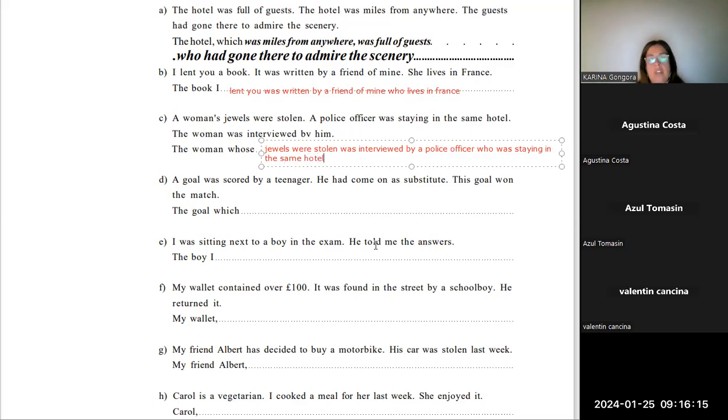Very good. Letter D. A goal was scored by a teenager. Of course, this teenager had come on as a substitute, and the goal won the match. So now you start upside down, from the back. The goal which won the match.